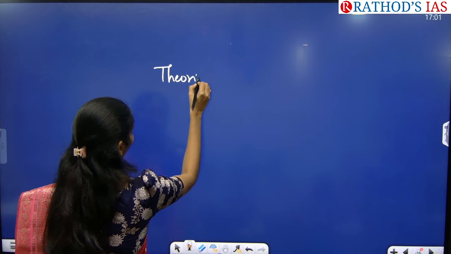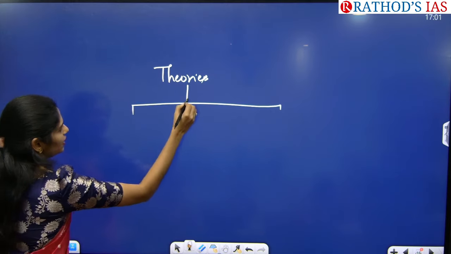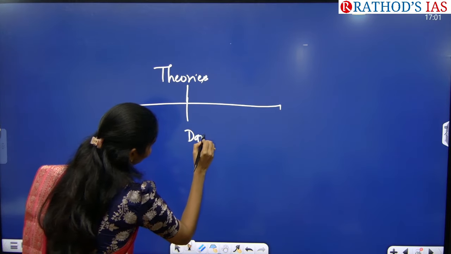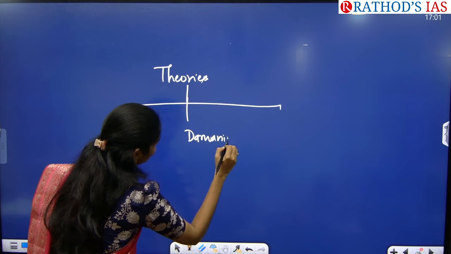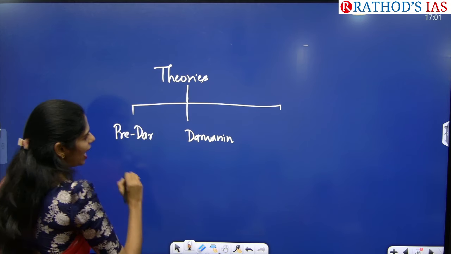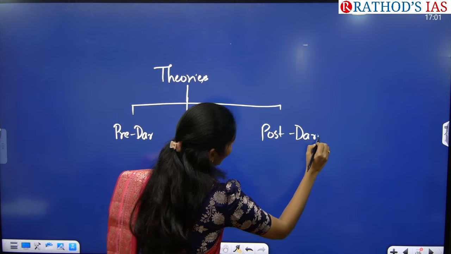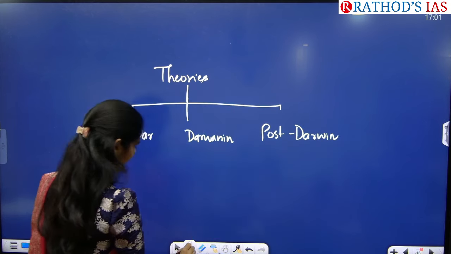This is a very important topic actually. In theories, we have 3 types. We will be taking Darwin. So what are the theories which came before Darwin, called pre-Darwin? After Darwin, post-Darwin. And again we have subtypes here.